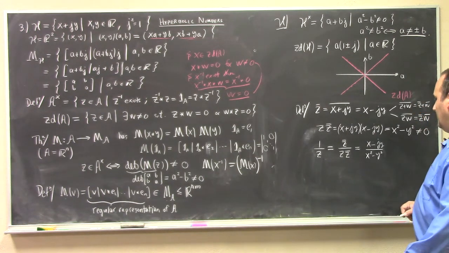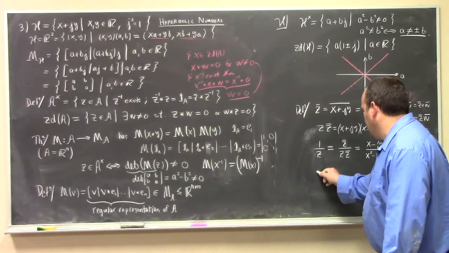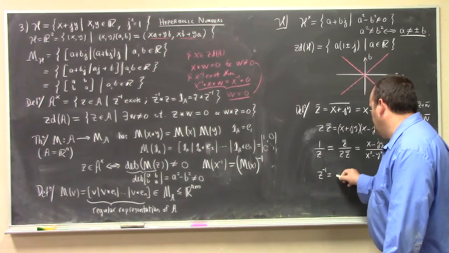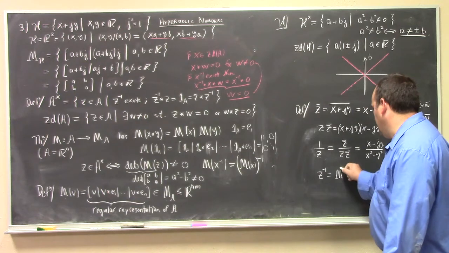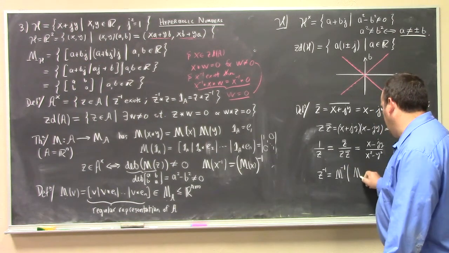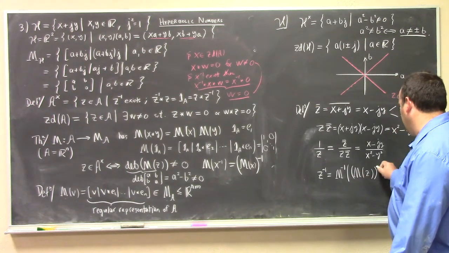Yes. And for what it's worth, z inverse, you could also calculate this way. Z inverse is the inverse of the M map, the matrix of Z, inverted.